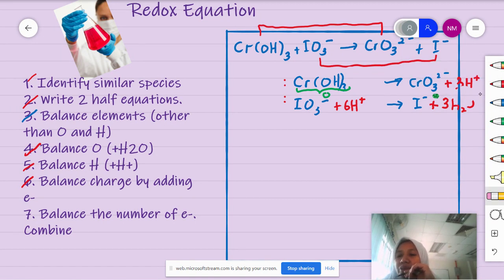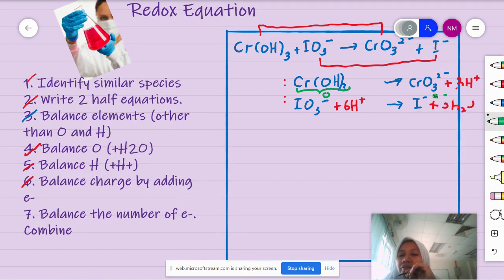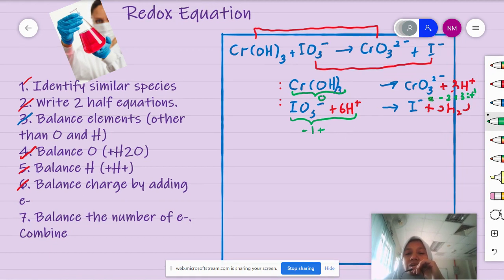-2 plus 3 becomes +1. And on this side, we have -1 plus 6 times +1, and that gives us +5.